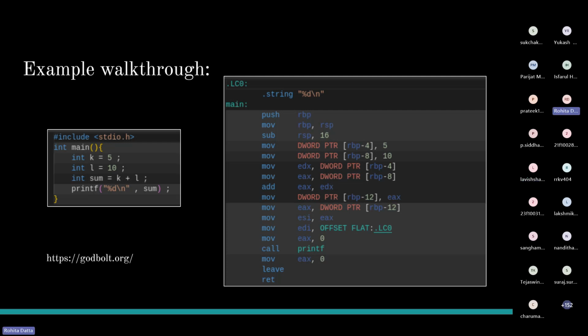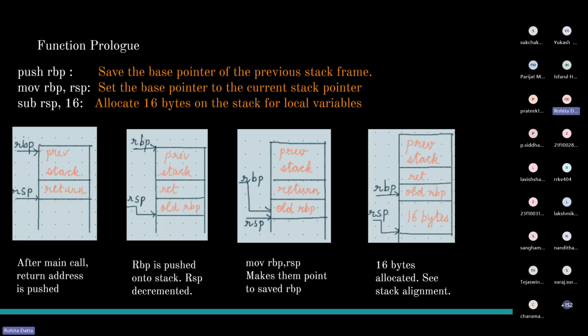Okay, so you saw how push RBP worked, how we saved the old value of the previous stack because we wanted to return to it. And we saw what move RBP, RSP does. It makes both of them point to the top of the stack at the moment.